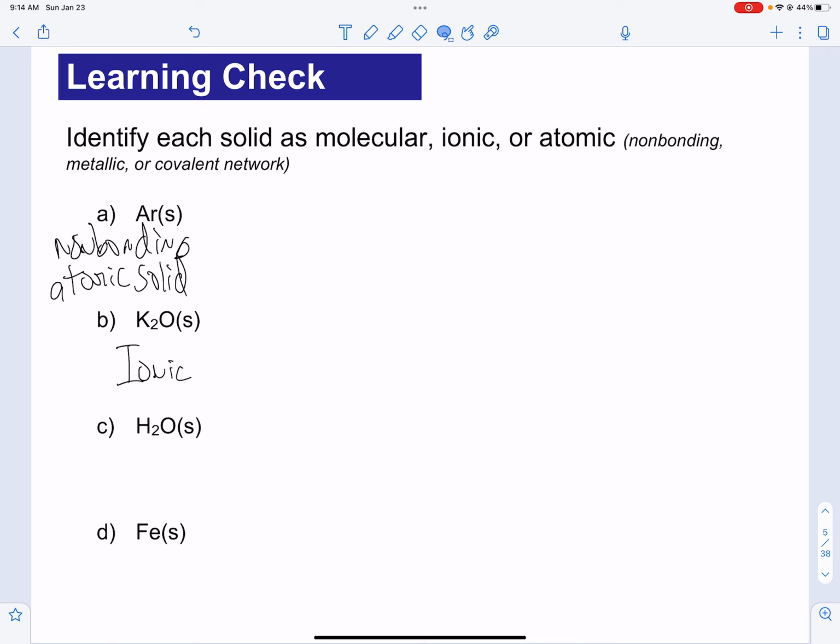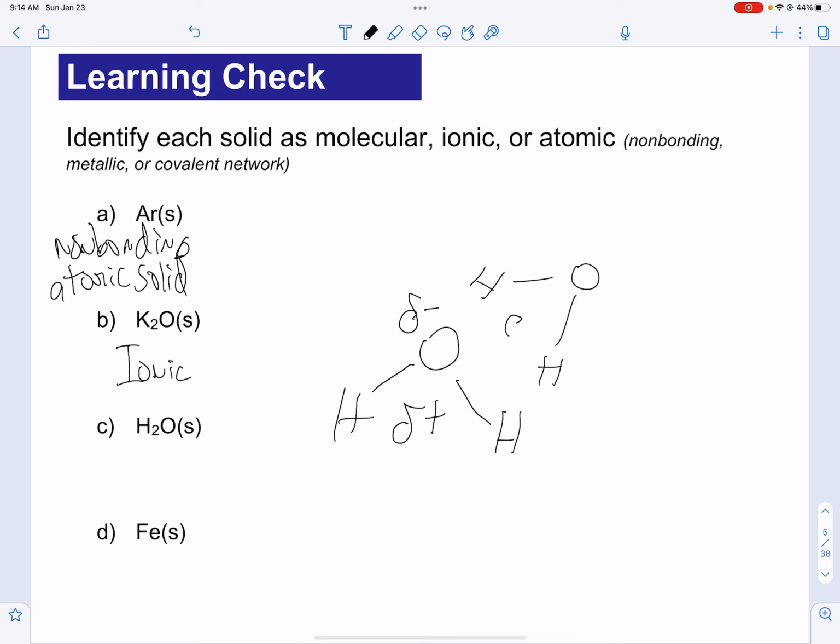What about the third one? Water, H2O, where we know that water is going to be like this. We know that water is a dipole, remember? So water can be combined with another water by a dipole-dipole interaction, and you can continue having more waters there, more waters there.